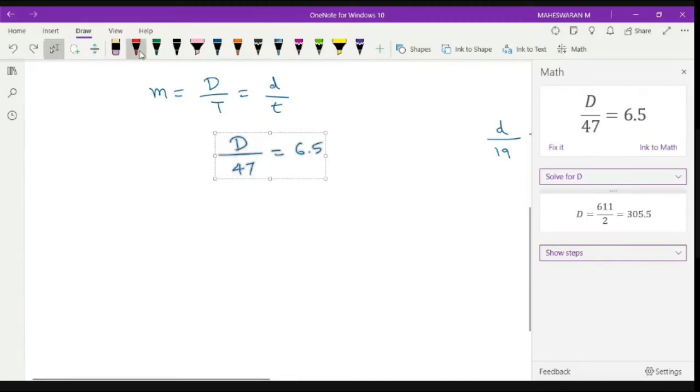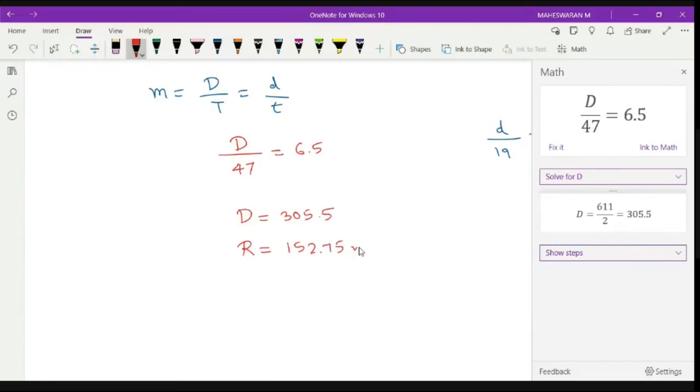So I'm getting the answer here, just trying a new technique. Okay, so capital D is 305.5, but I need capital R, not D, which means I have to divide by 2. Dividing by 2 gives 152.75, so capital R is 152.75 mm.